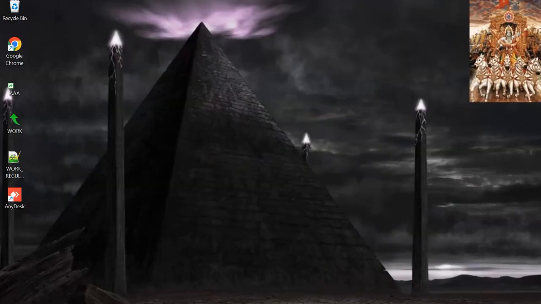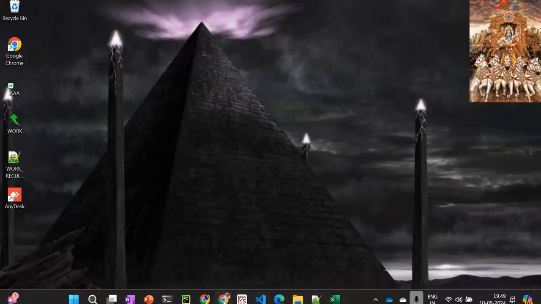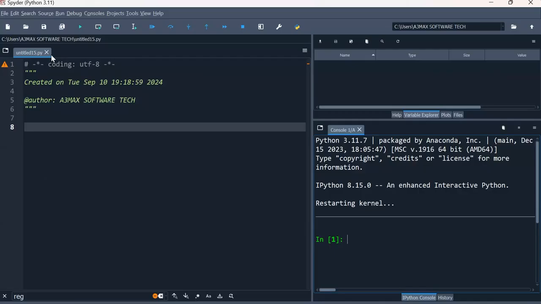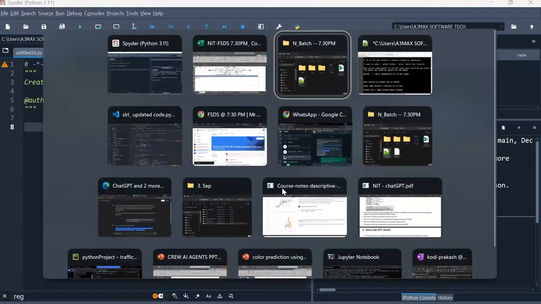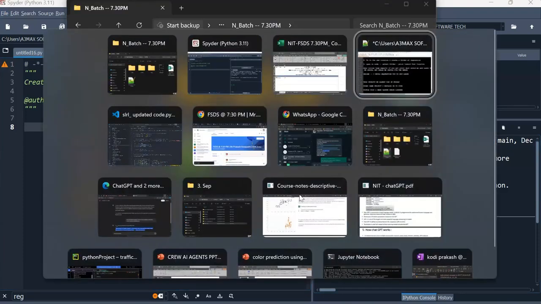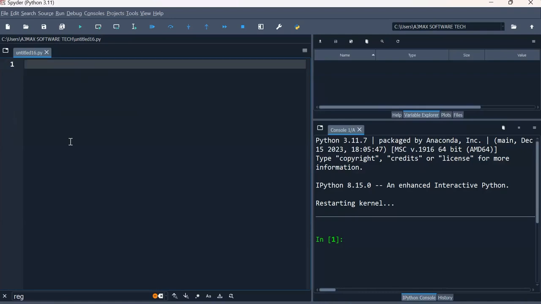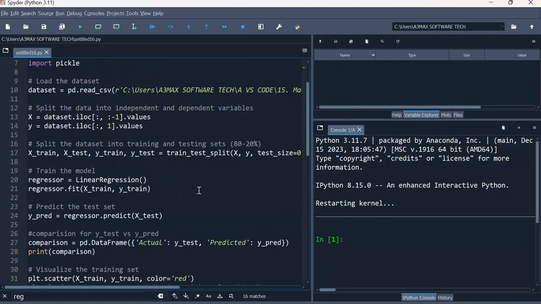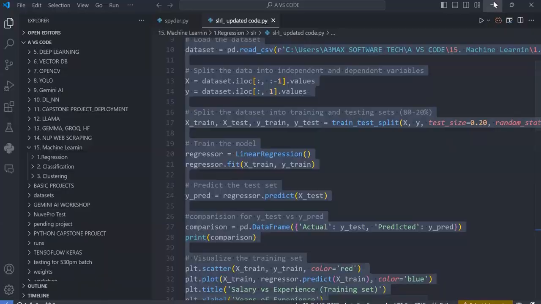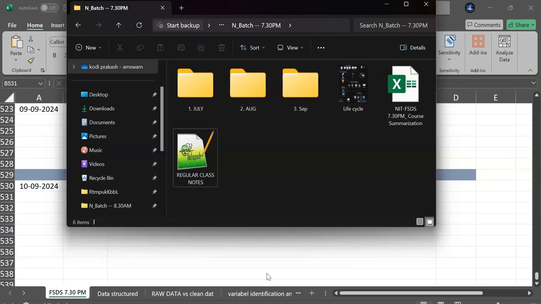VS Code, you can know. I want you to introduce statistics in this file, in the VS Code. So let's go here and copy, then paste here. Okay, minimize. One second, I'll open the file.